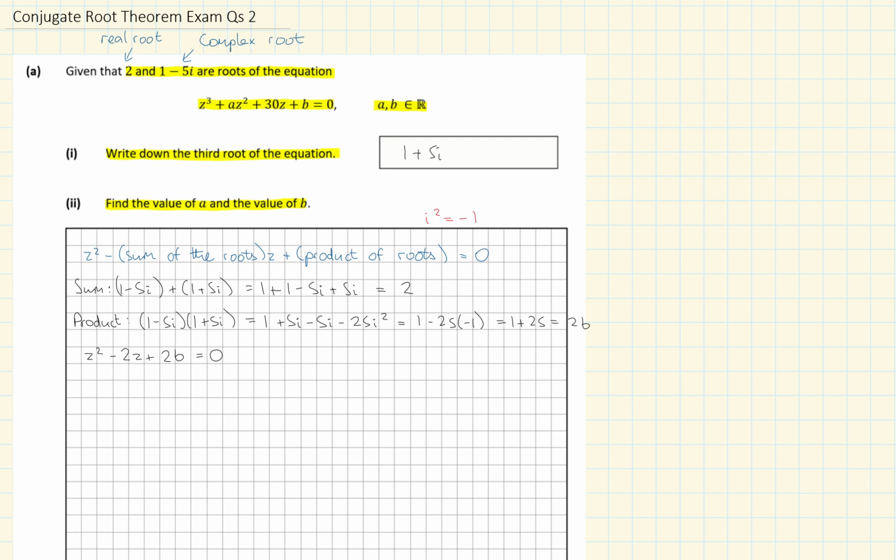Okay, so our real root was z equals 2. So then z minus 2 will be a factor. We're going to multiply that by our quadratic to get our cubic. So we get, just make this a bit clearer, z by z squared will give me z cubed, z by minus 2z is minus 2z squared, and then plus 26z, and we get minus 2z squared plus 4z, and then just into your calculator, 26 by 2 will give you 52.